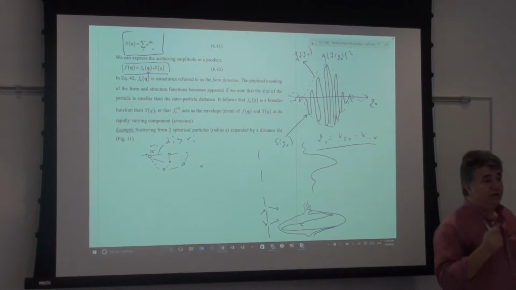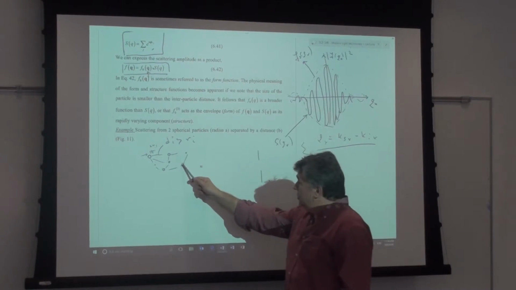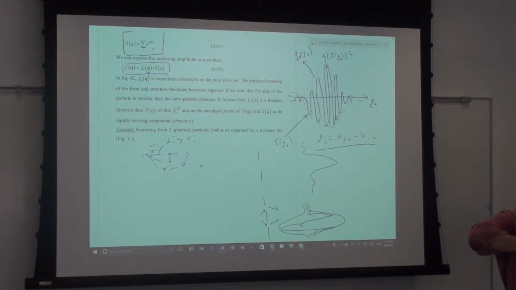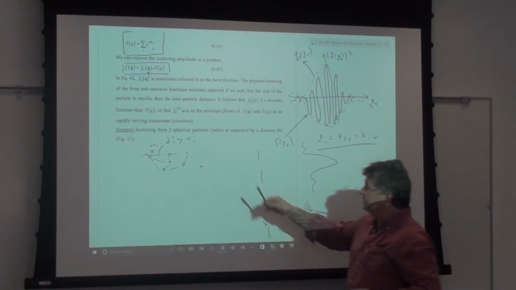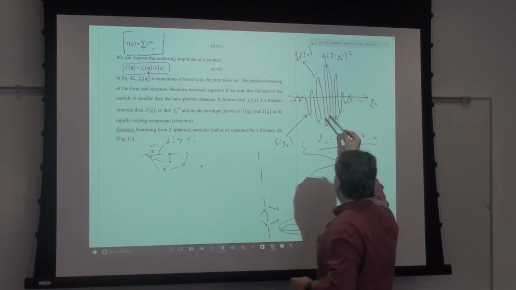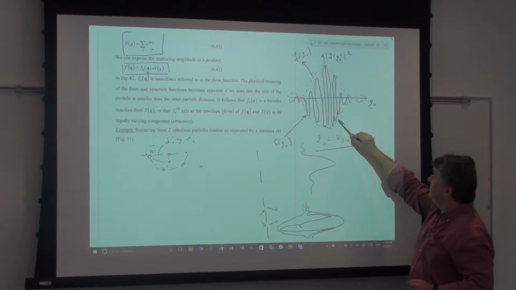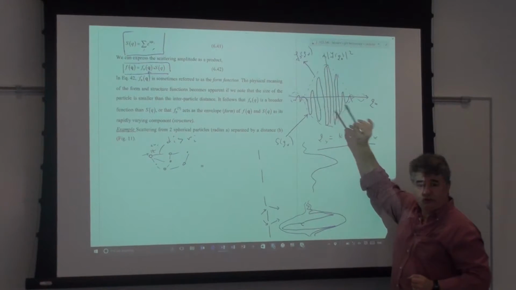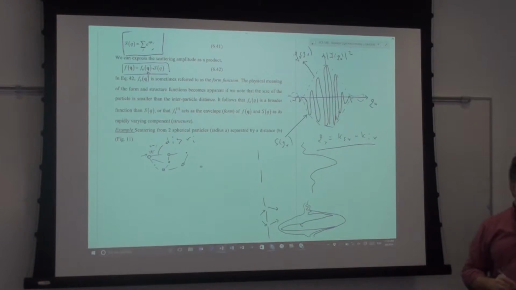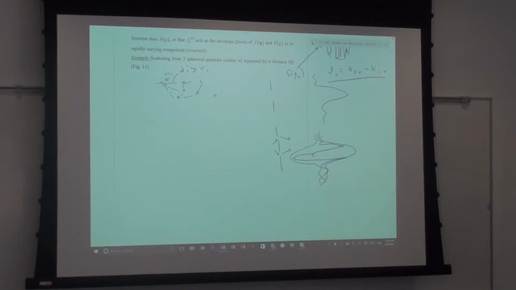So that means that the Fourier transform of the individual scattering potential is always fatter than the Fourier transform of all this distribution. So it's really, the single particle is the envelope of the signal, and the structure function is the carrier inside. Okay?